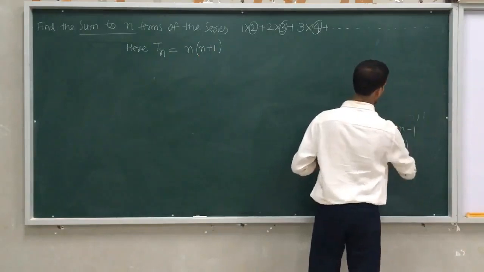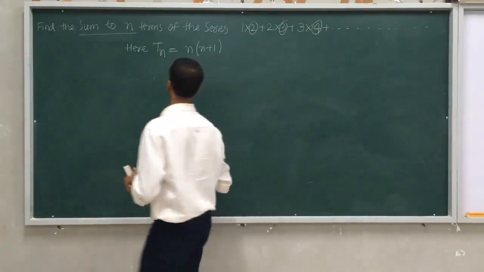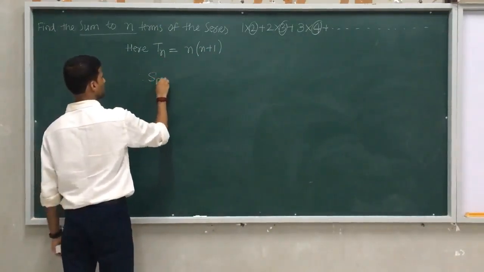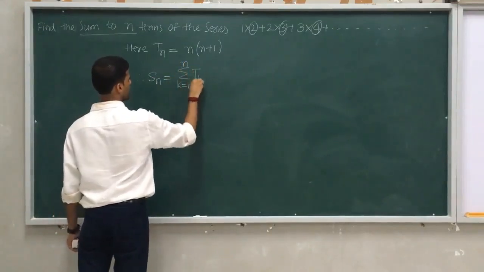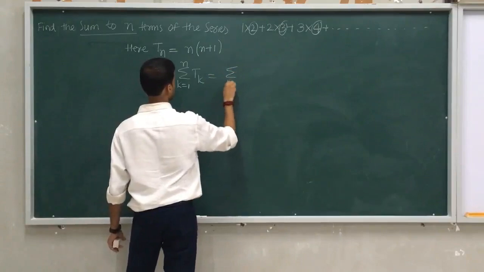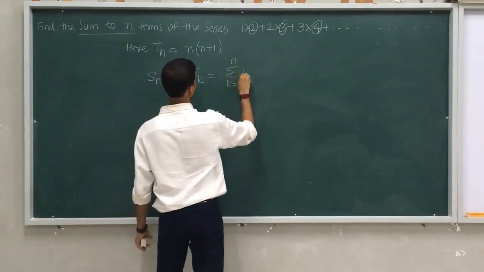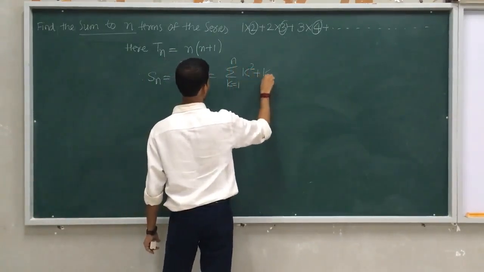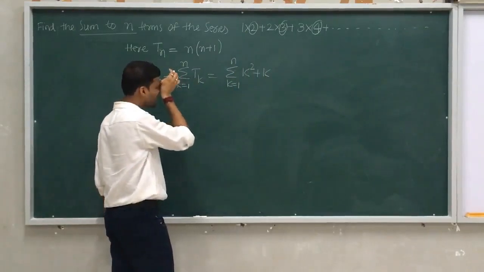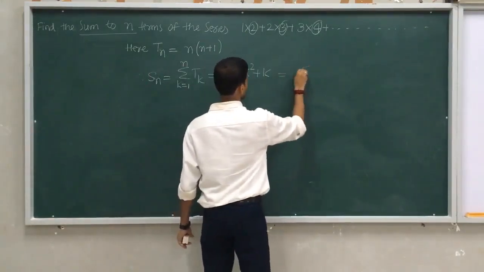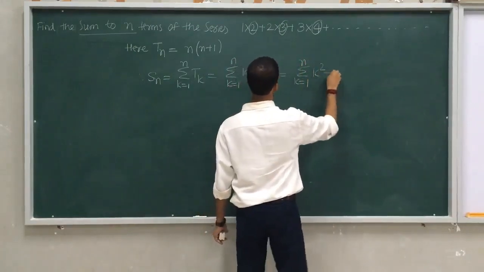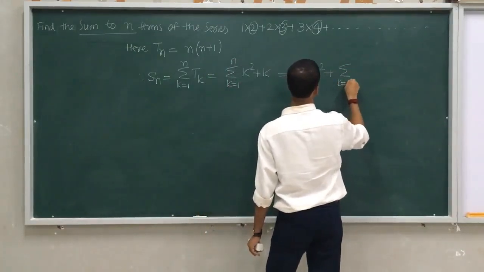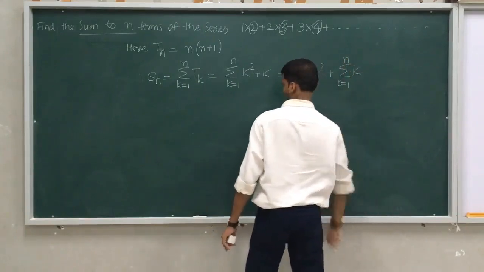And just now you got the solution of this. Therefore, Sn is equal to the summation of Tk from k equals 1 to n, which is the summation of k square plus k, which is the summation of k square plus the summation of k.